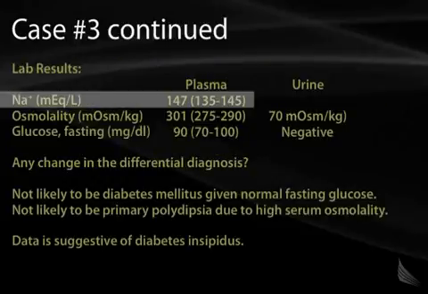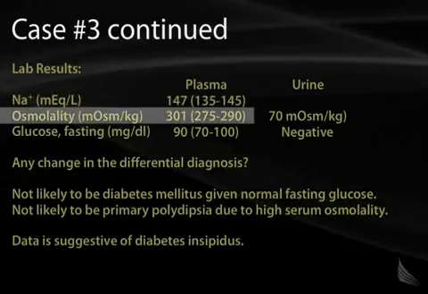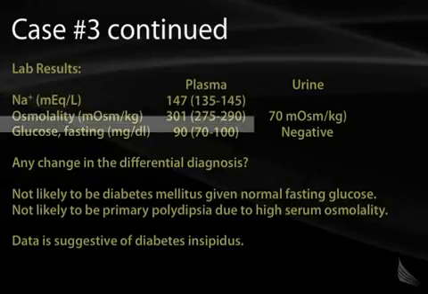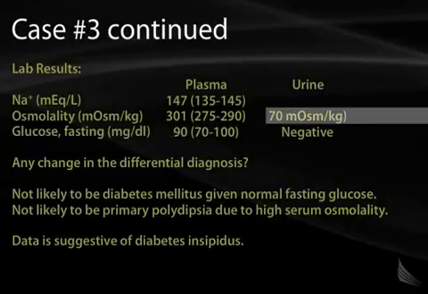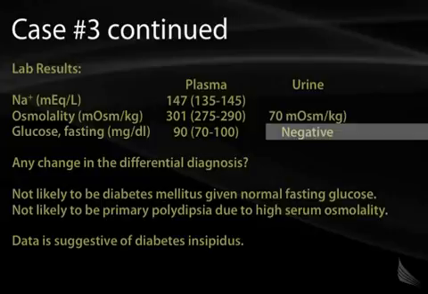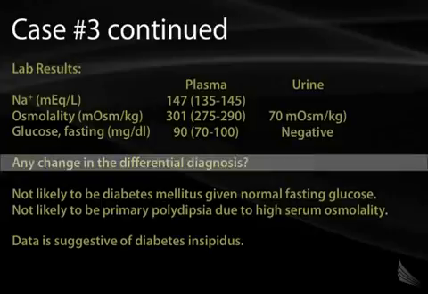These are the lab results for case number 3. Serum sodium is 147, osmolality is 301, glucose is 90. The urine osmolality is 70 milliosmoles per kilogram, and the glucose in the urine is negative. How does that change our differential diagnosis?